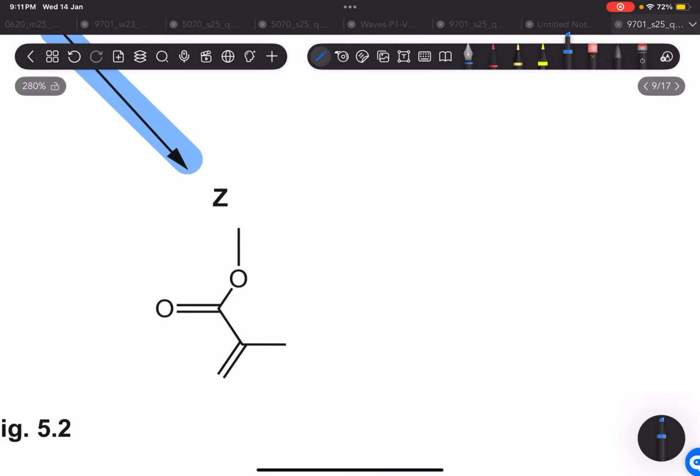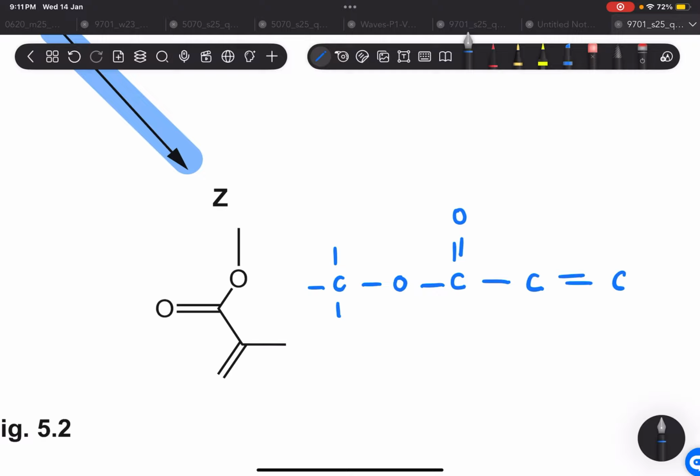We got to draw it to figure out. We have a carbon double bonded to O, double bonded to an O, and this line represents there's another carbon here, something like this, and this carbon is double bonded to a carbon which is double bonded to another carbon and single bonded to another carbon.